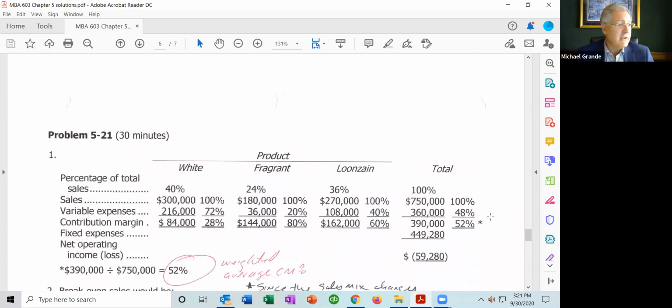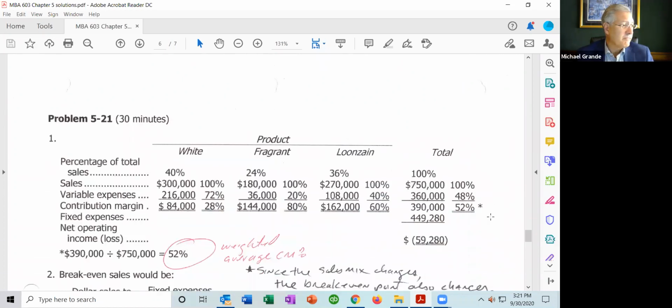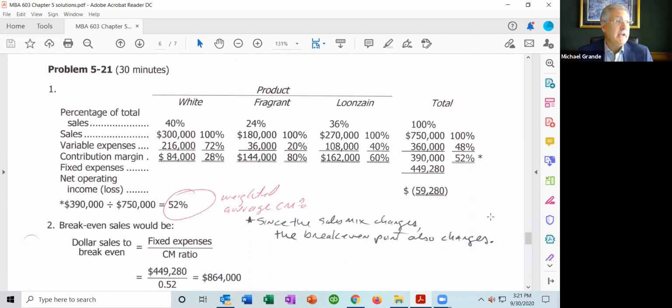So here is the solution. What's important to remember here is the variable expense percentages and the contribution margin percentages for each product have to stay exactly the same as the given problem. So what you see here is the sales are provided for white, $300,000 from the problem, $180,000 for fragrant, and Lunzan from the problem.